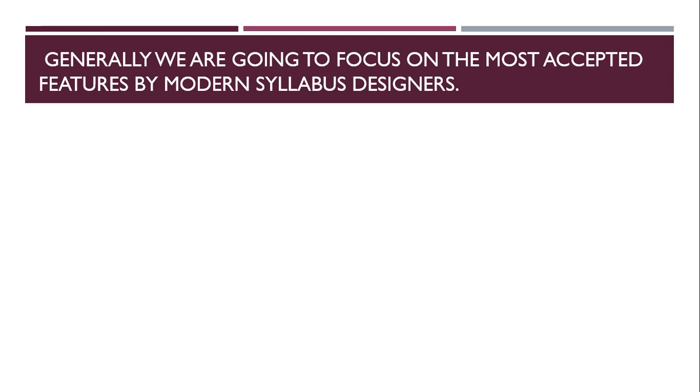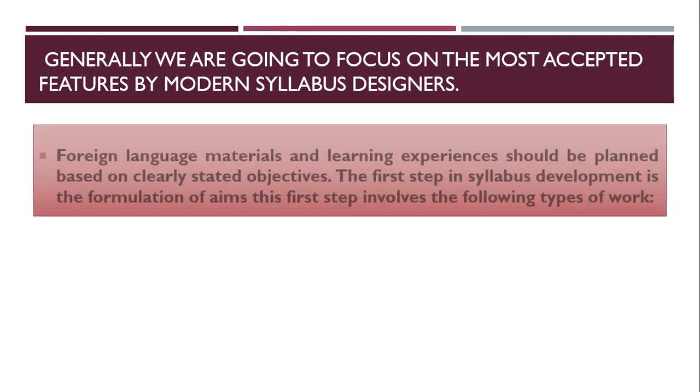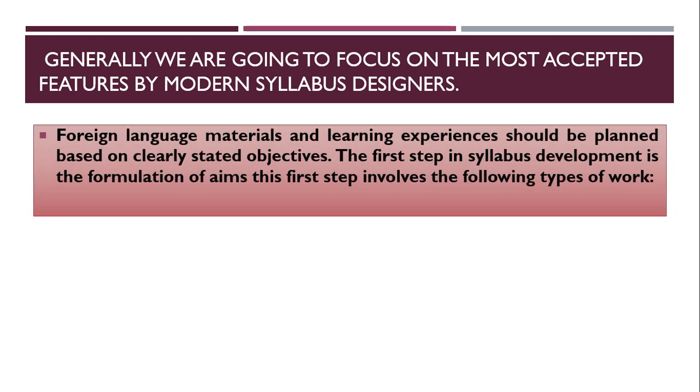What are these steps? Firstly, and most importantly, are needs. Let's see. Foreign language materials and learning experiences should be planned based on clearly stated objectives. Okay, so the first point in making a curriculum is clearly stated objectives.